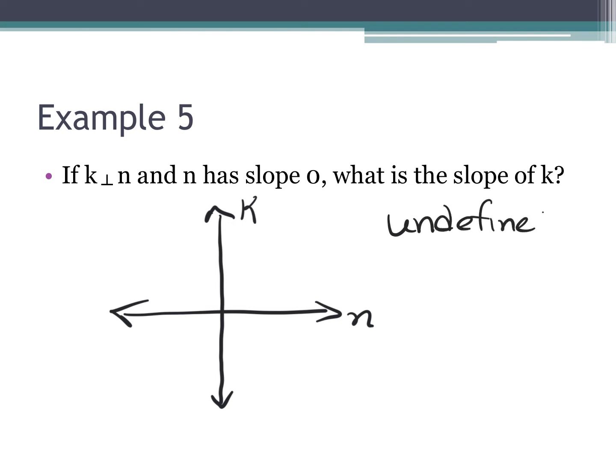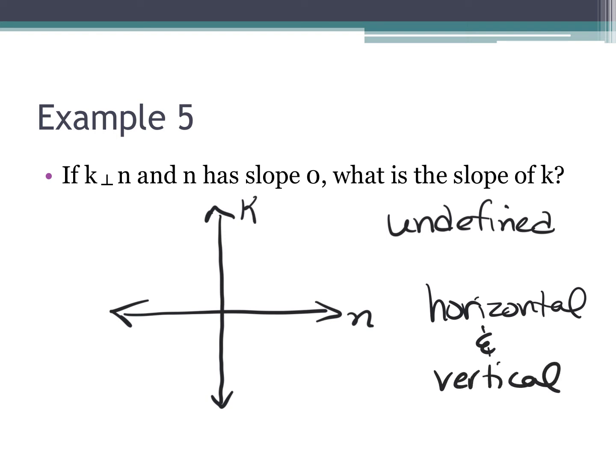So what you need to remember is that a horizontal line with slope of 0 and a vertical line, when they intersect, will always be perpendicular. That doesn't go for undefined.